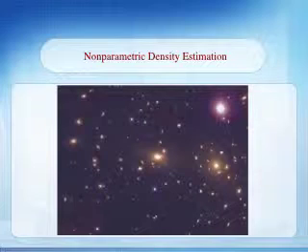The bins are the intervals [x0 + mh, x0 + (m+1)h) for positive and negative integers m, and the estimate is given as p̂(x) = #{x^t in the same bin as x} / (Nh).